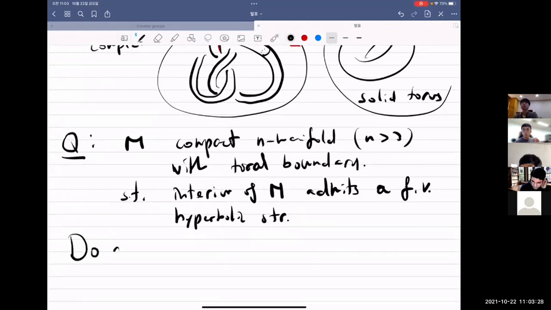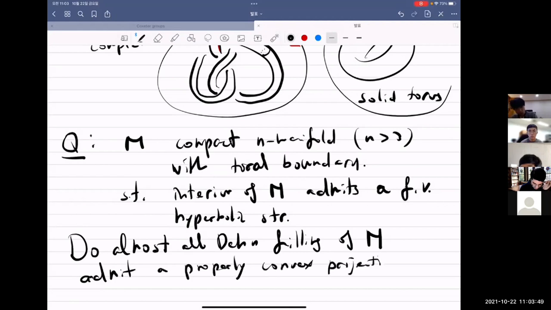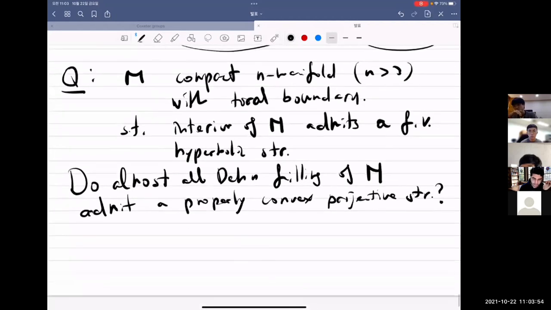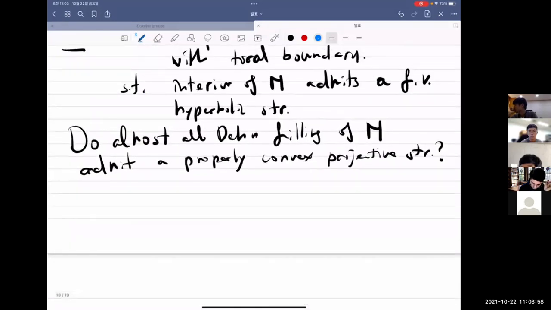Then do almost all Dehn fillings of M admit a properly convex projective structure? Okay.